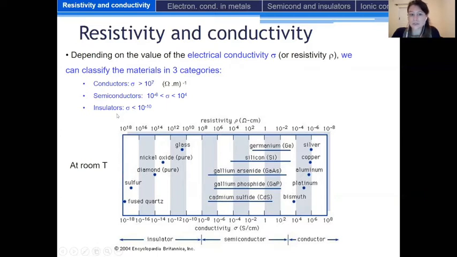So insulators will be materials that have an electrical conductivity lower than 10 to the power -10. So glass, nickel oxide, diamond, sulfur, fused quartz, but also the majority of polymers are in this category of insulators.